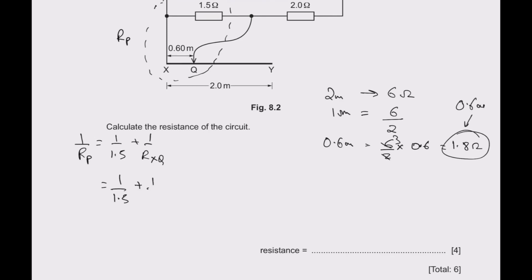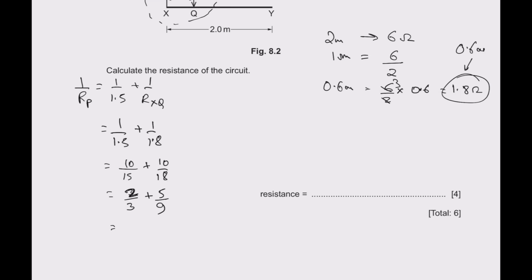So 1.5 plus 1.8, that is nothing but 15 by 10 plus 10 by 18, that is 3 by 2 plus 5 by 9. The LCM is 18, so 27 plus 10 over 18.